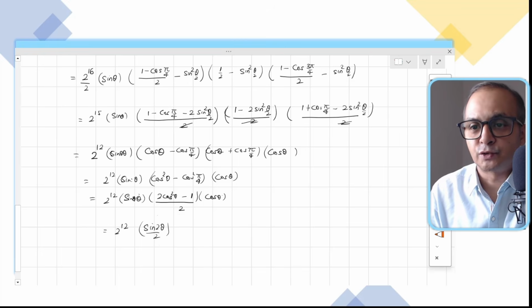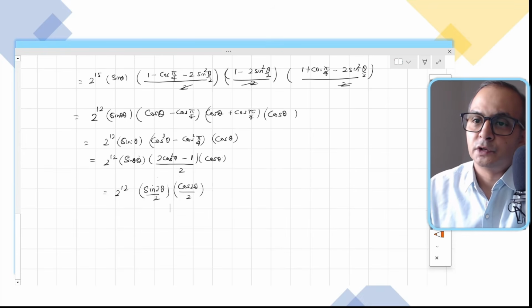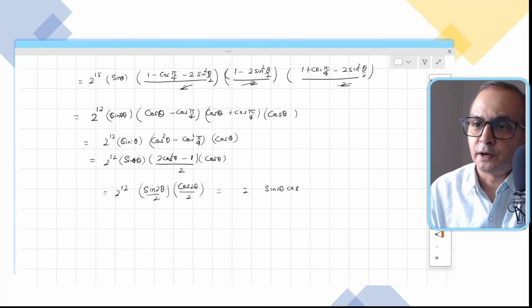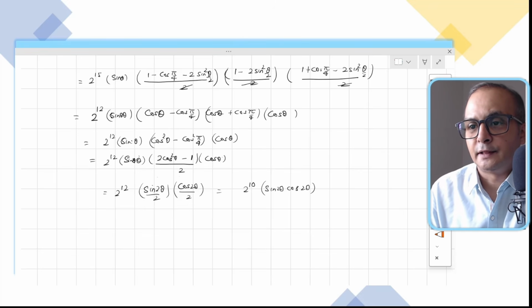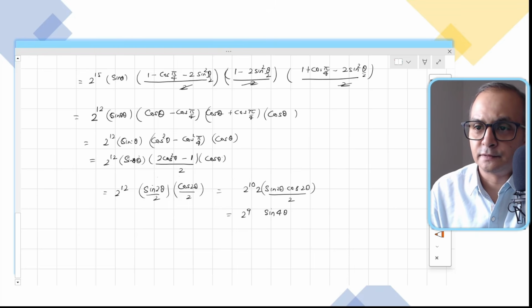And this 2 cos square theta minus 1 is cos 2 theta, and that was by 2 already. So this will give you to the power 10, sine 2 theta cos 2 theta, and then again we divide and multiply, so it will become to the power 9 sine of 4 theta.